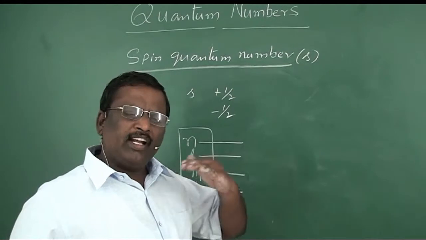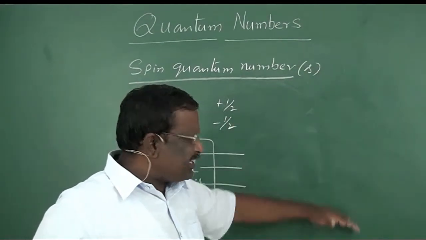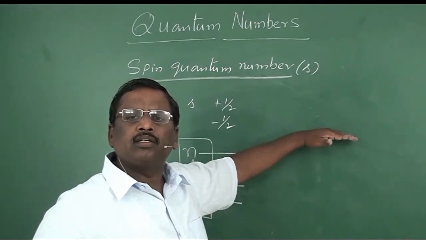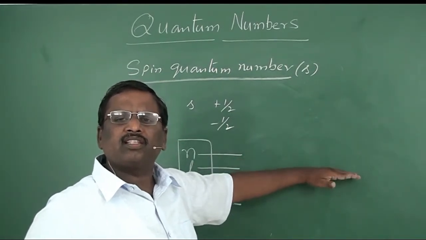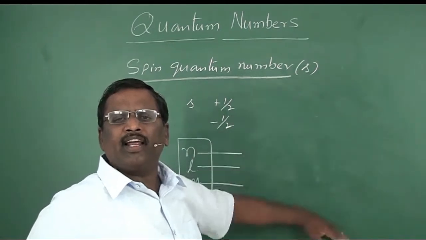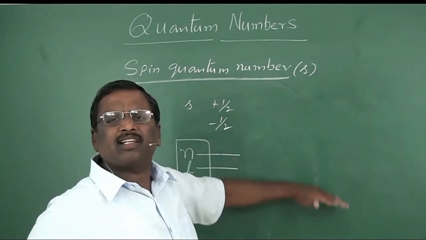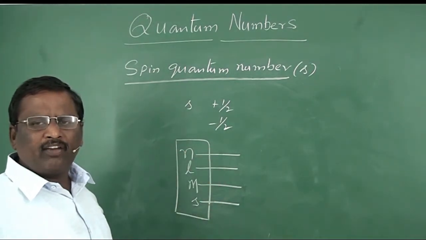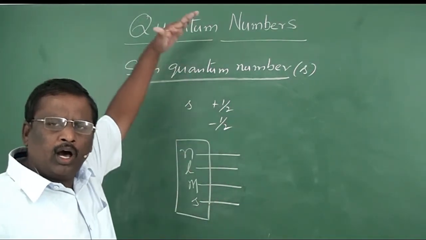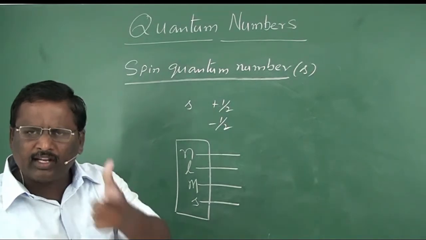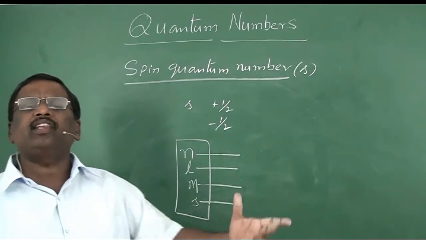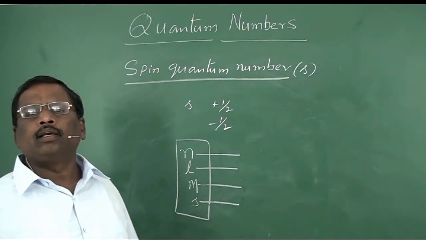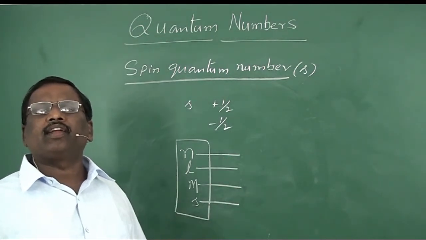So to identify a person, we require the 7 tags: name, house number, street, town, district, state, country. Then only we can identify that particular person. Just like that, for an electron with a single quantum number, it is not possible to identify the electron. If you give all 4 values for a particular electron, we can easily identify it. So these 4 quantum numbers are nothing but an address for an electron in an atom.